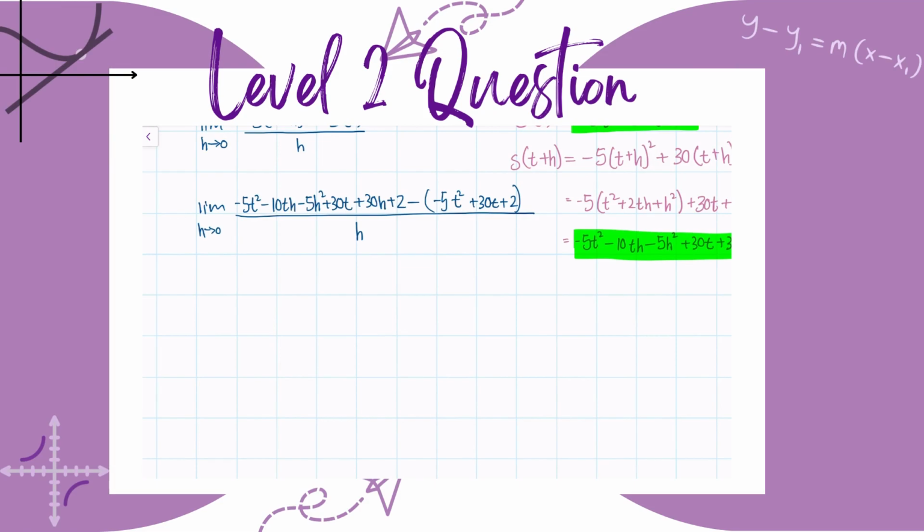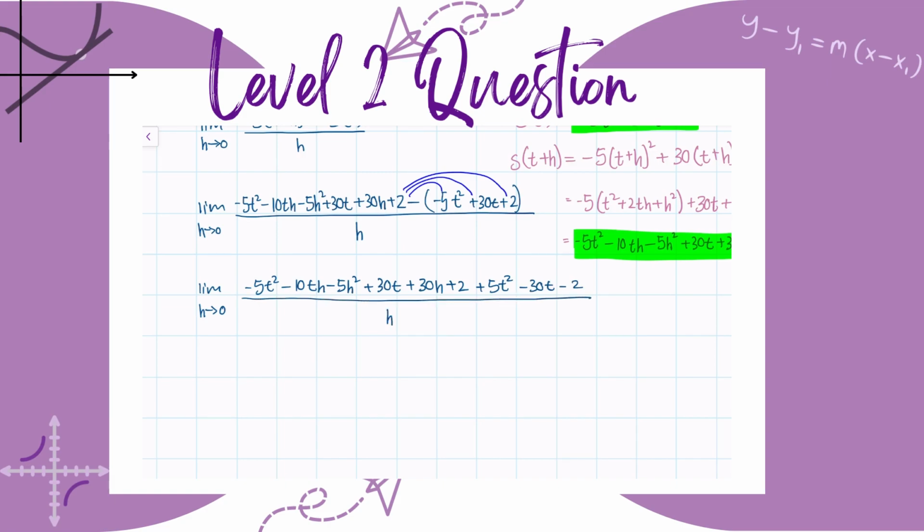So now from here, what I'm going to do is apply distributive property with the negative, and that gives me limit h approaching 0, negative 5t squared minus 10th minus 5h squared plus 30t plus 30h plus 2 plus 5t squared minus 30t minus 2, over h.